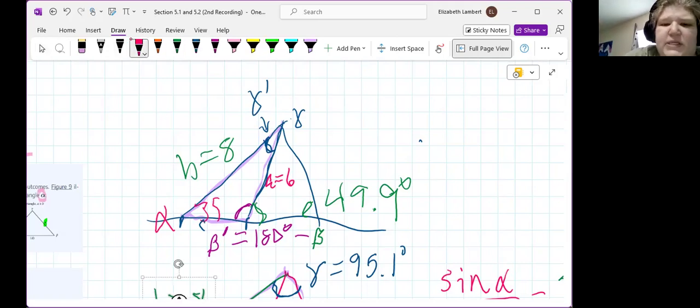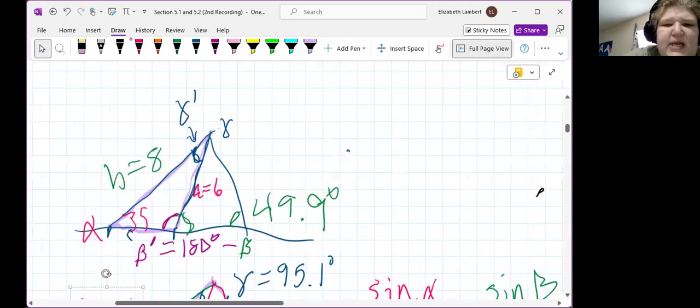All right, so it's still going to start the same. We're still going to have the same sine alpha and sine beta.